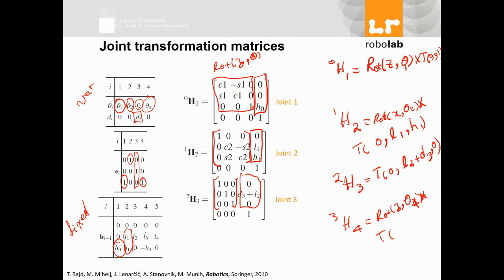I'll move alongside y, and z is 0, L3, and negative H3, which gives me this matrix. L3, negative H3, this is the translational, and this is my rotation.